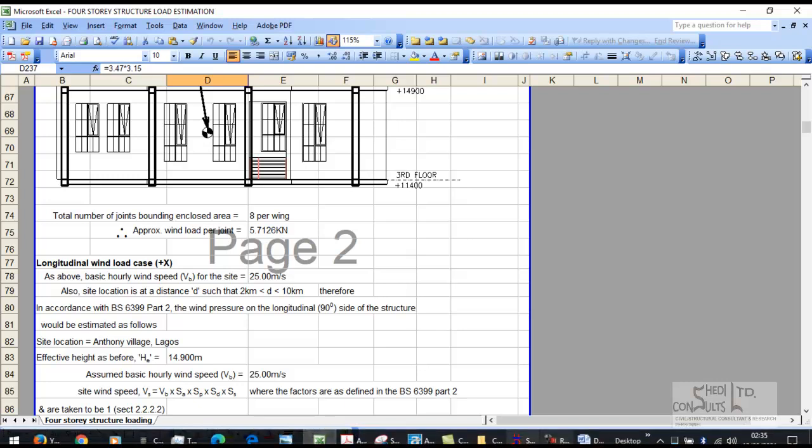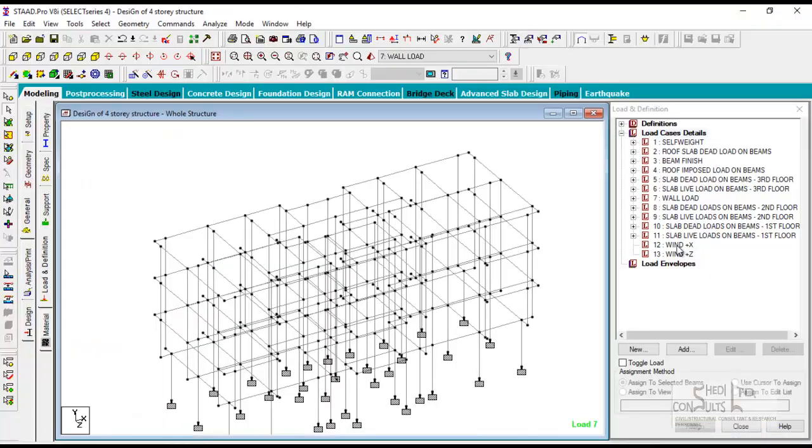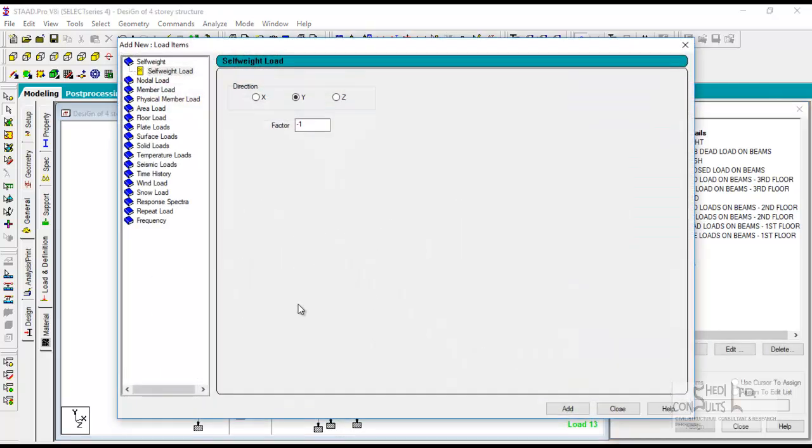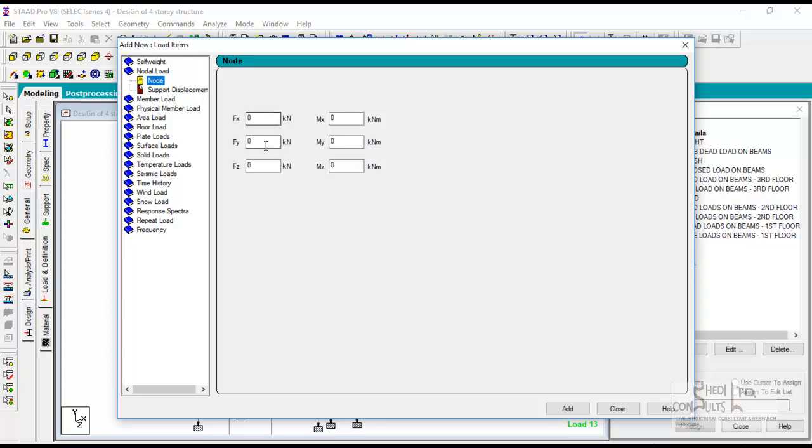This is in the transverse direction. So we add the joint load in the Z direction. So you see 5.7126. Add.